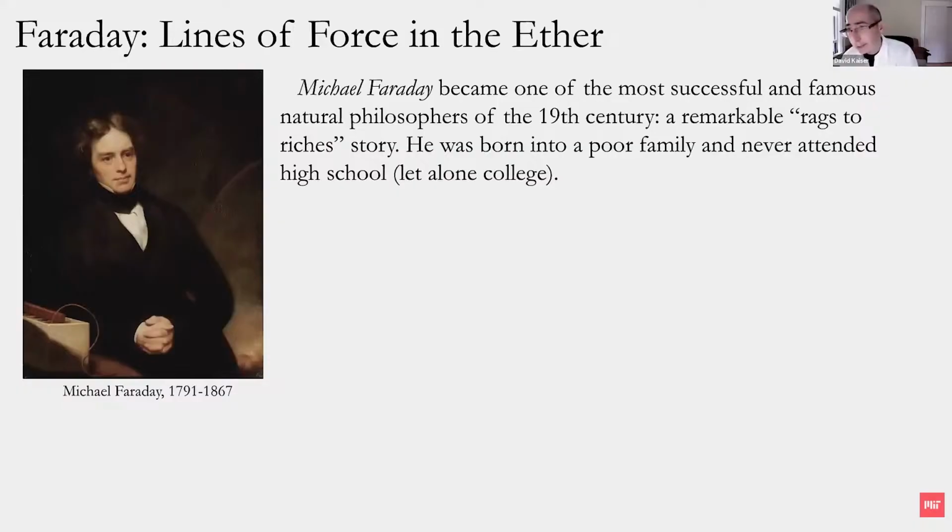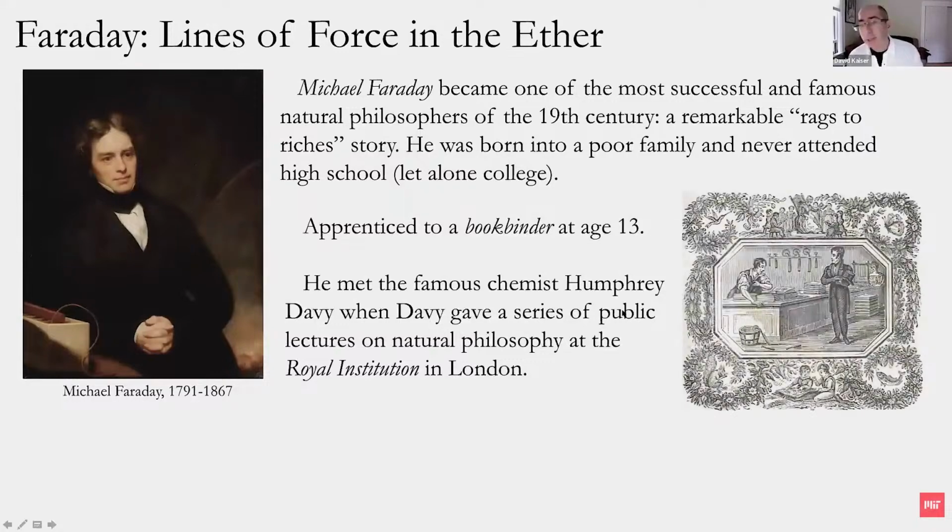Personally, he had this really inspiring rags to riches story. He was born into a rather poor family. He never attended high school, let alone college or university. He was apprenticed to a bookbinder at age 13. That means he literally left his family, moved in with his main tutor, and was apprenticed in a trade.